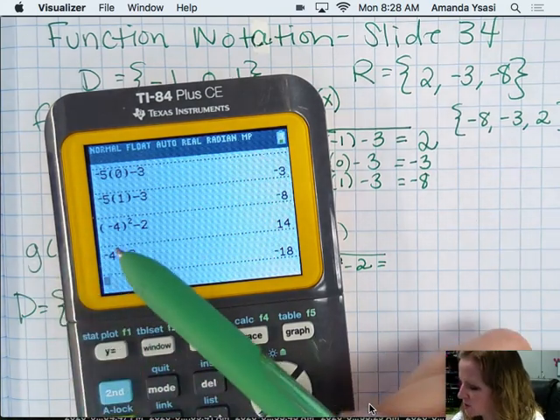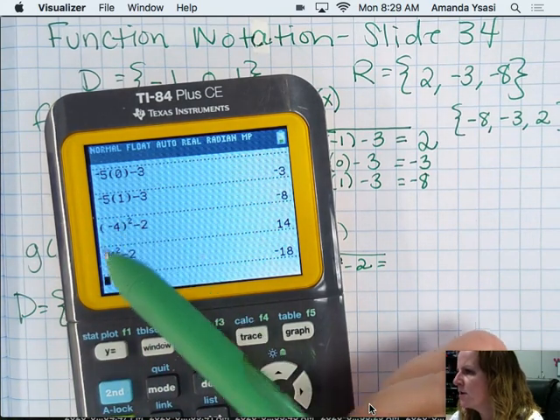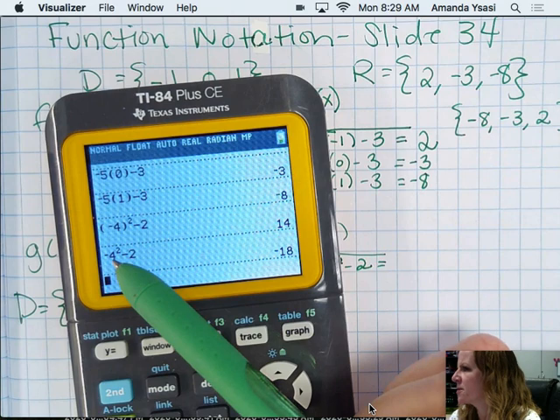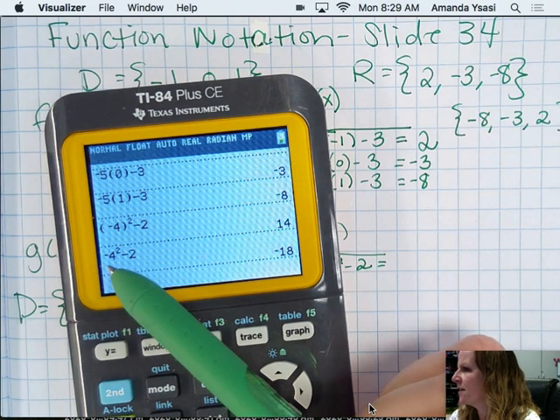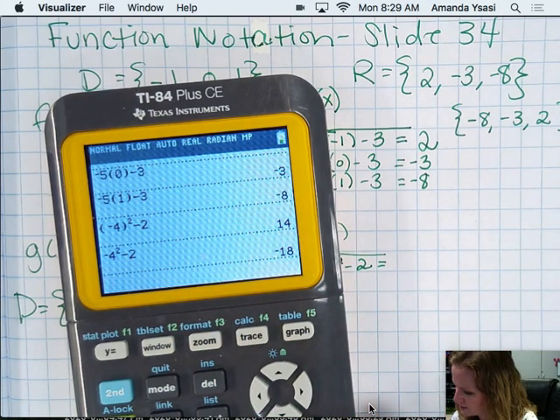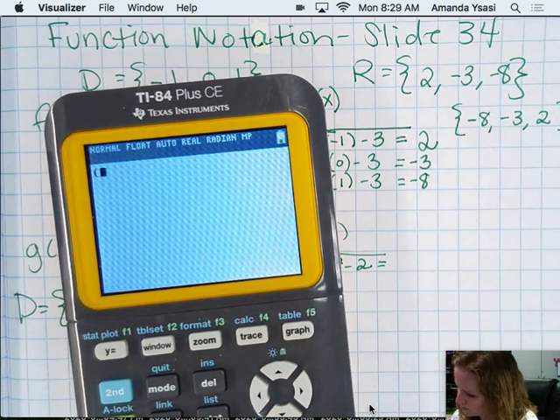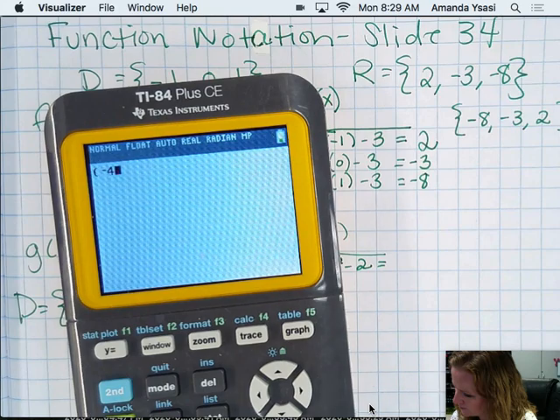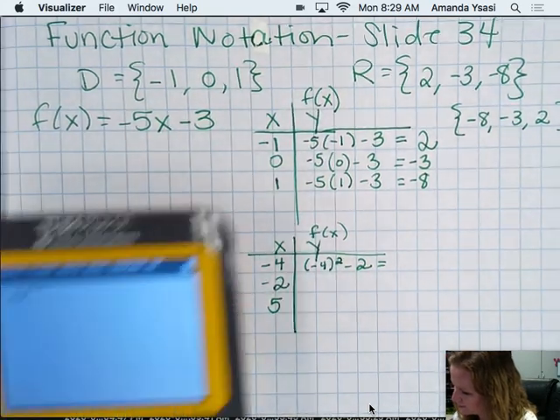Because you are squaring the whole negative 4. If you don't put in parentheses, you're only squaring the 4, and the negative is just there. So make sure that you put it in parentheses. So it should be parentheses negative 4 squared minus 2.